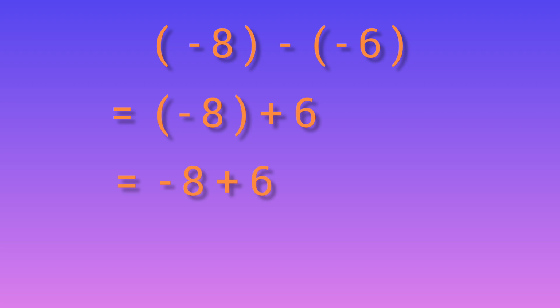Now we've got two signs with a number in between them. So remember with our previous example, as we said, if we've got two different signs, you subtract the numbers, but put back the sign of a bigger number. So in this case, we will say 8 minus 6, which will give us a 2, but take the sign of an 8, which is a negative. So our final answer is a negative 2.